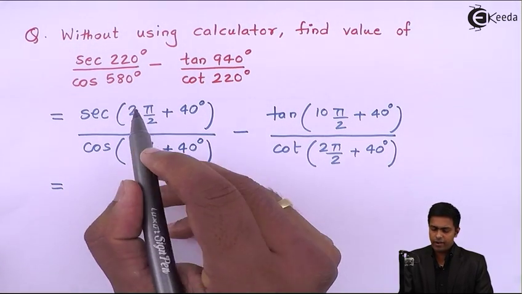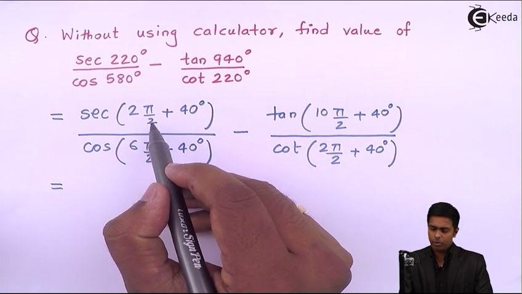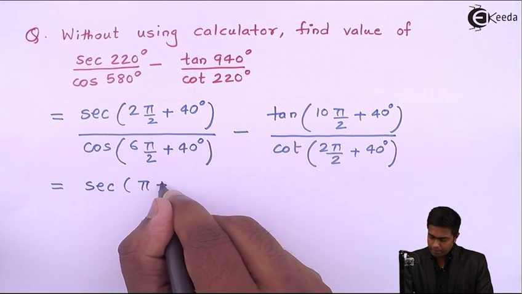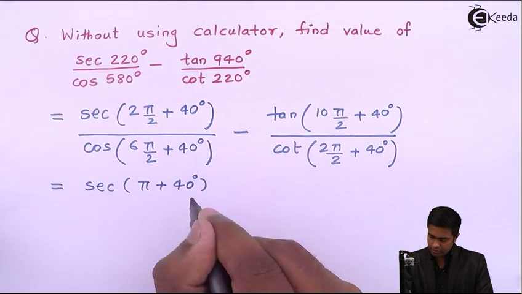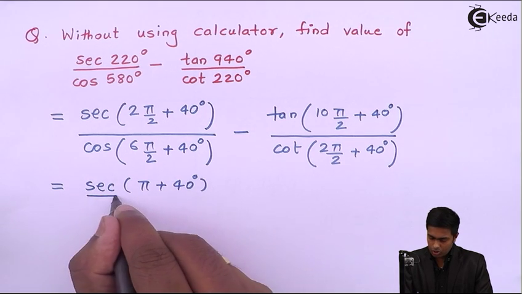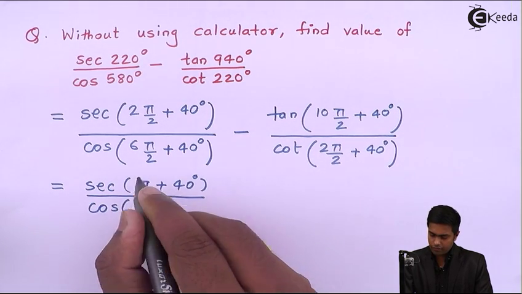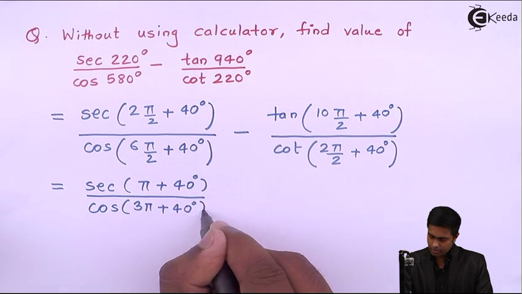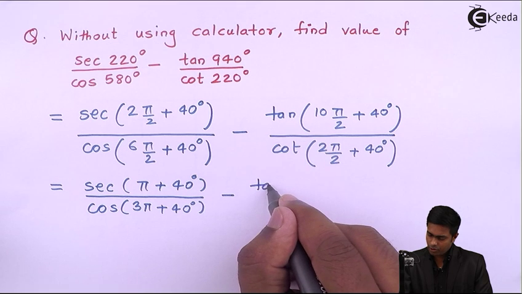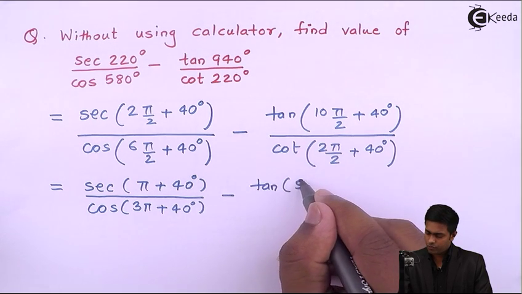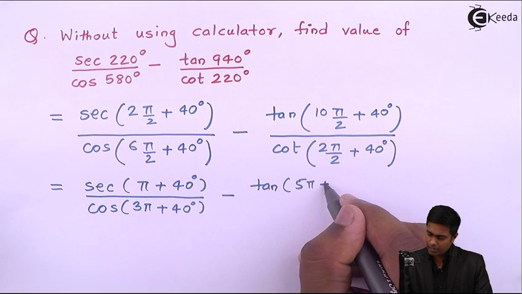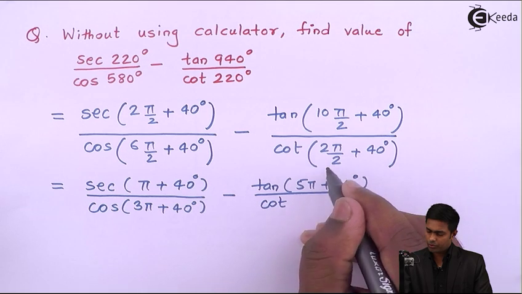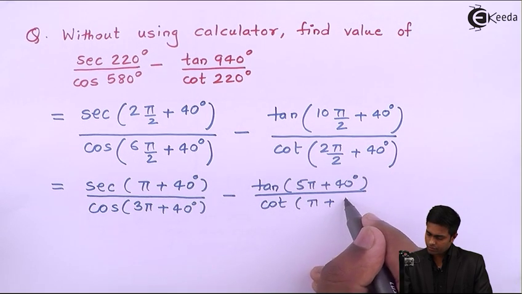Now let's divide those numbers by 2. 2 ones are 2, so we get sec of pi plus 40 degree upon cos of 2 3s are 6, 3 pi plus 40 degree, minus tan of 2 5s are 10, so 5 pi plus 40 degree, upon cot of 2 twos cancel, pi plus 40 degree.